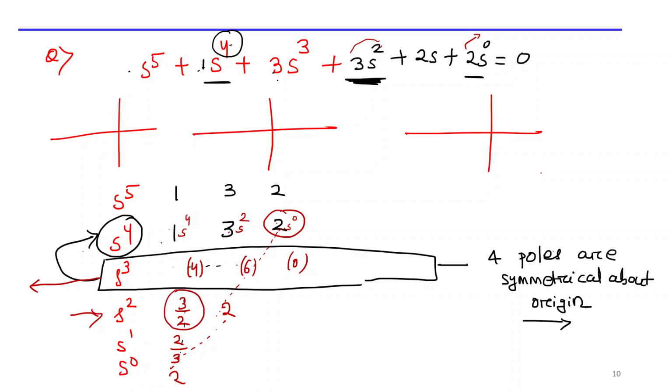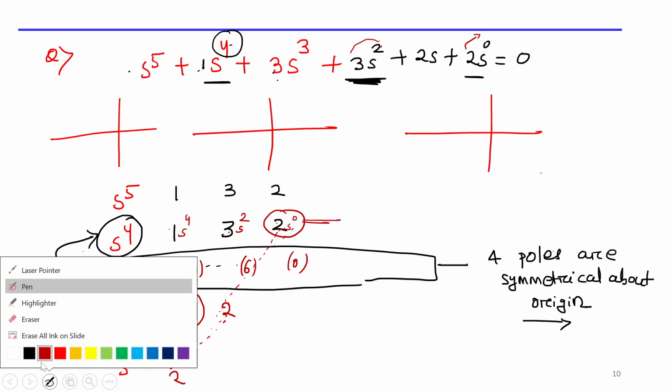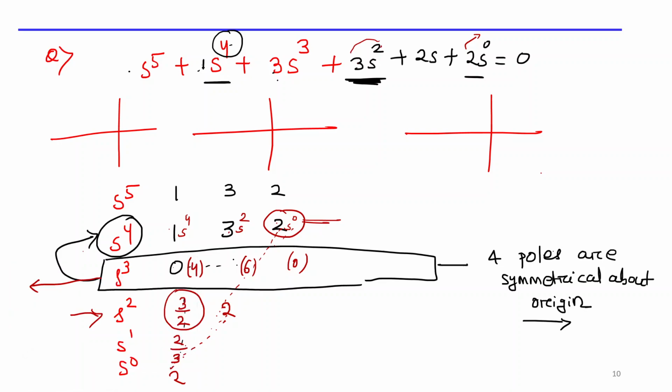Then I told you that the even power third term here will be translated to the second term of h square, then again to the first term of h to the power 0. Once you know 3 by 2, 2 and 4, 6, you solve the h to the power 1 coefficient. This will be 2 by 3. Once you got all these values, you understand now how to calculate.